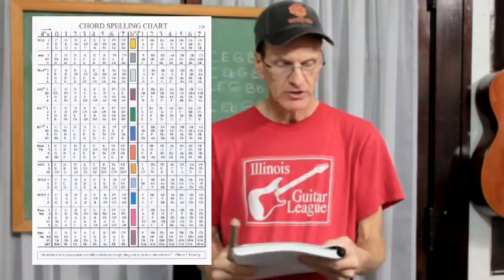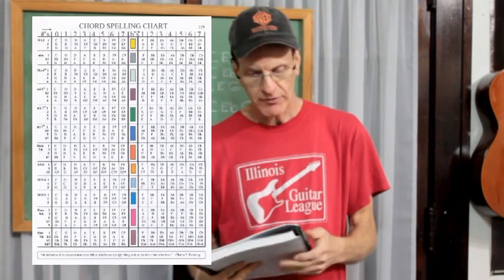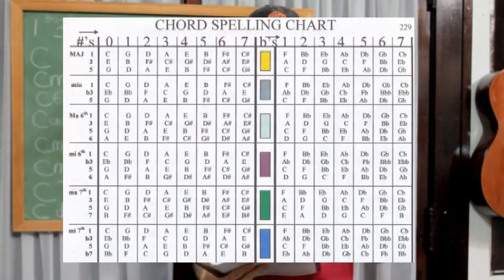As you'll see in the video, you have a list of all your chords, your major, minor, major 6th, minor 6th, major 7th, minor 7th, and you have the chord spellings all right there. And you have at the top there which keys, okay?